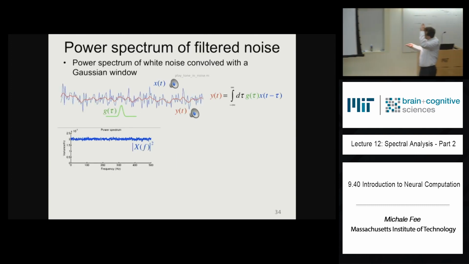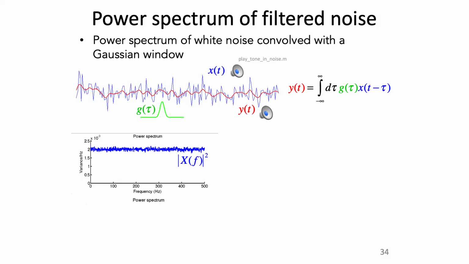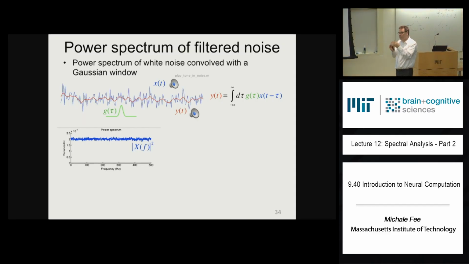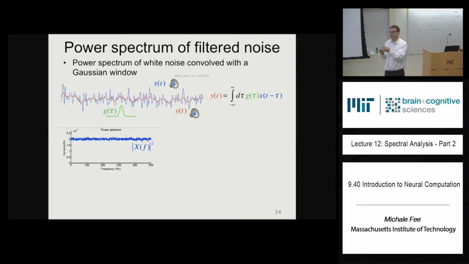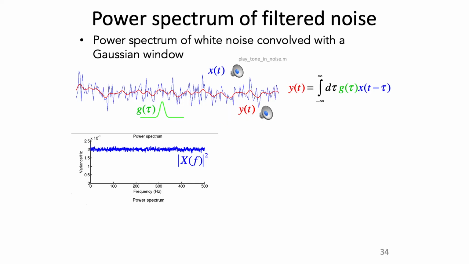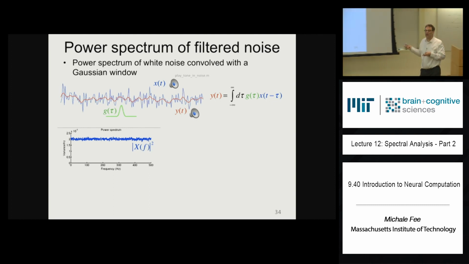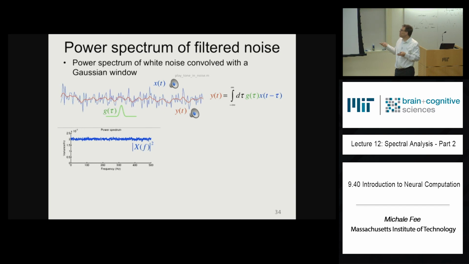All right, so here's an example. In blue is the original Gaussian noise. In green is the kernel that I'm smoothing it by, filtering it by. Convolving the blue with the green gives you the red signal. What kind of filter is that called again? High pass or low pass? Low pass, good.